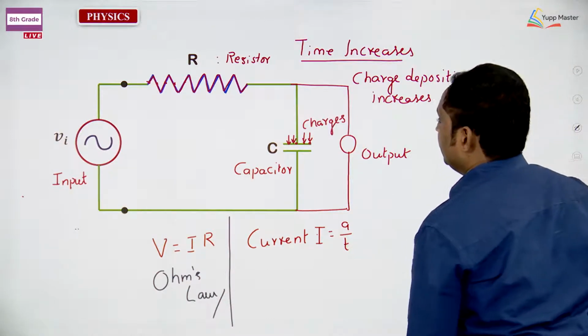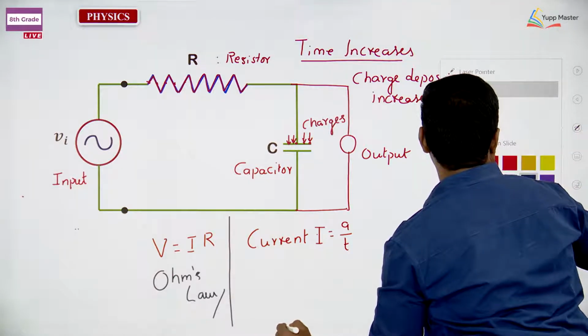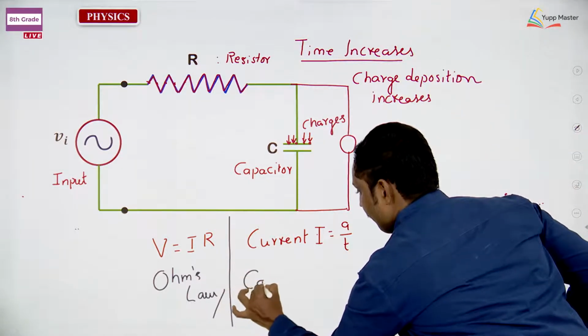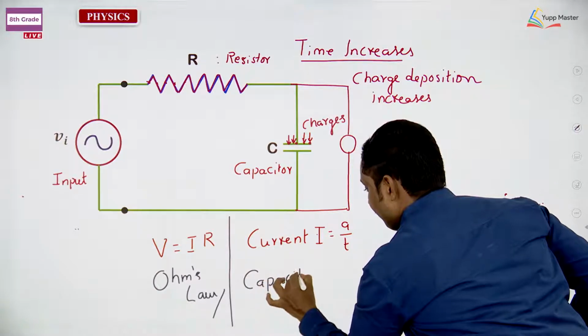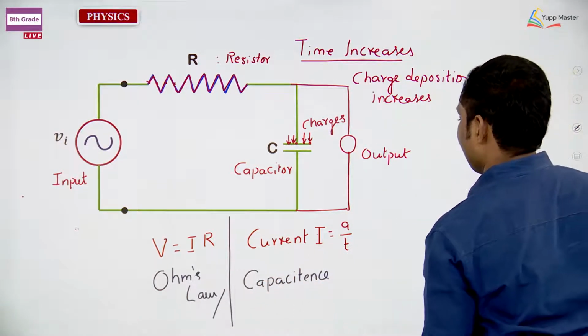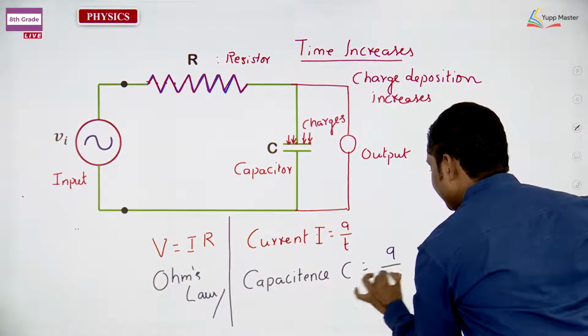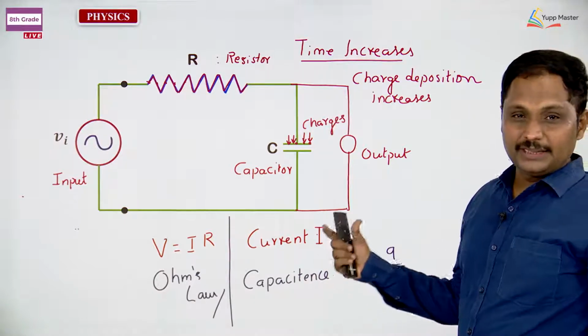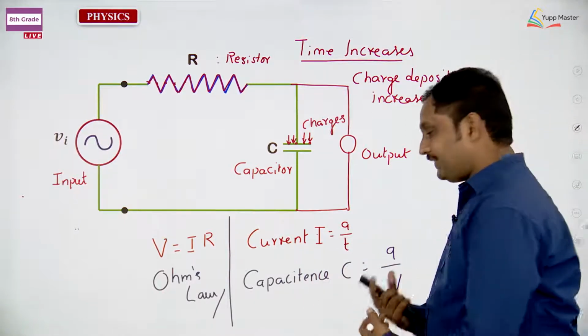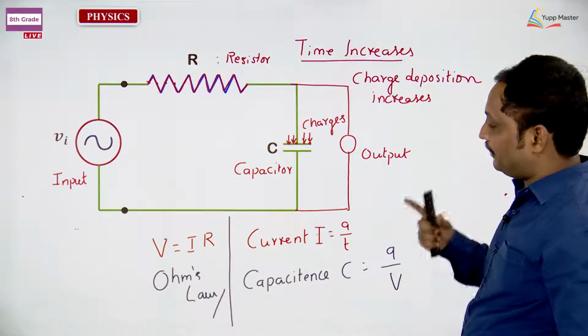If you know the capacitance, C is equal to Q by V. These are the three important relations: V is equal to IR, I is equal to Q by T, and C is equal to Q by V. Please remember all these things.